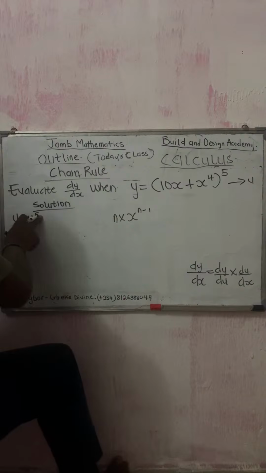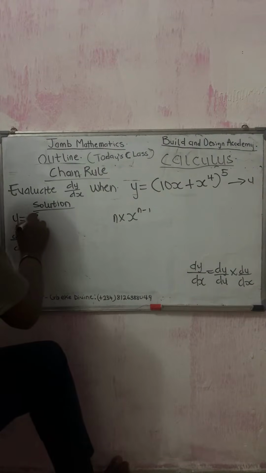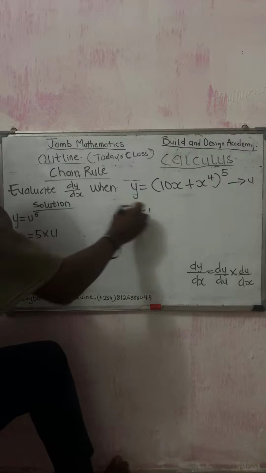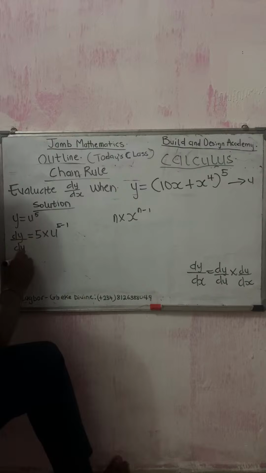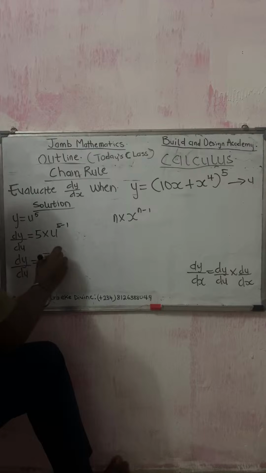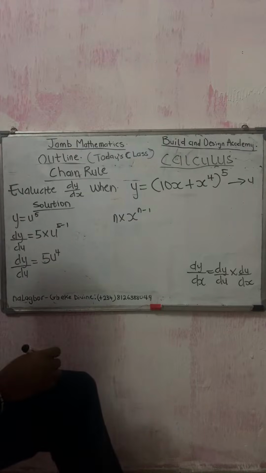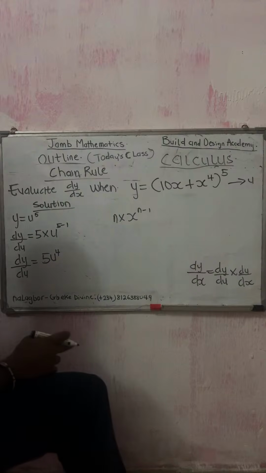Now, n is 5. So it will be 5 times u raised to the power n minus 1, that's 5 minus 1. So dy over du will be equal to 5u raised to the power 4. Very simple.